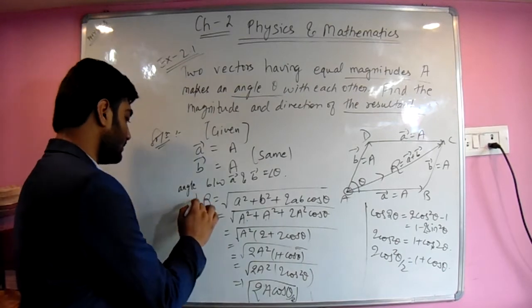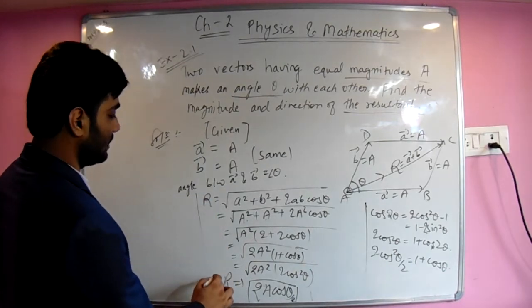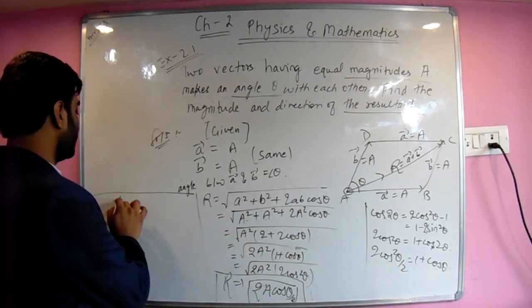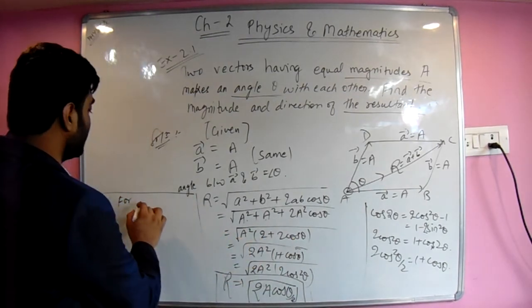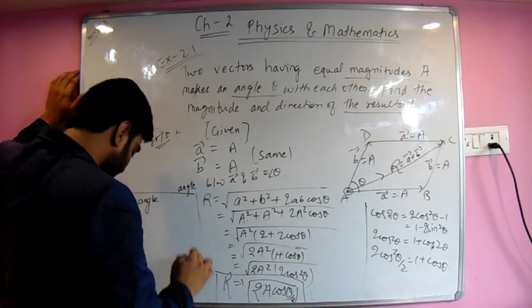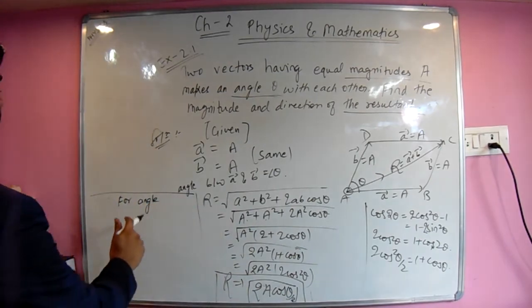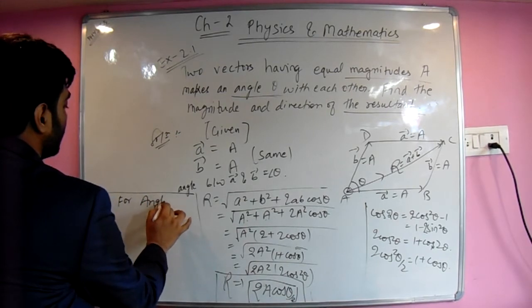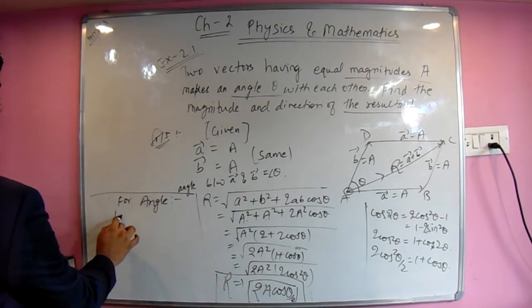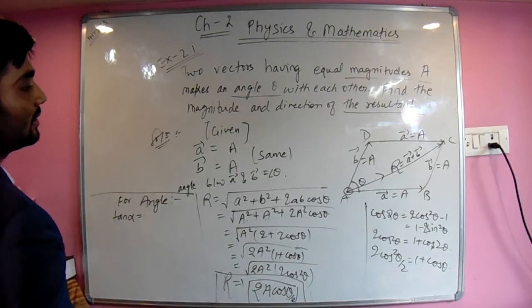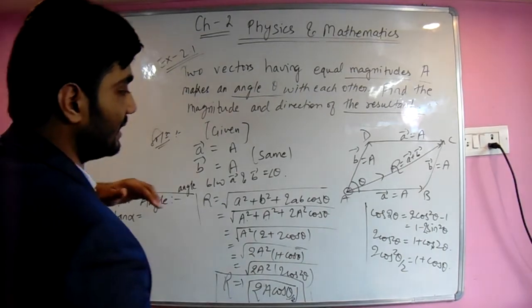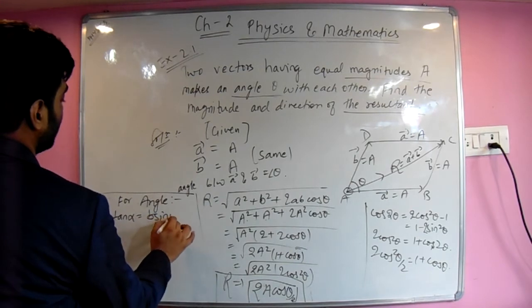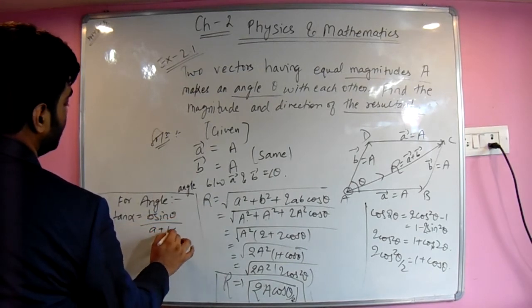This is the resultant, but for the angle, tan alpha, we know the formula: b sin theta over a plus b cos theta.